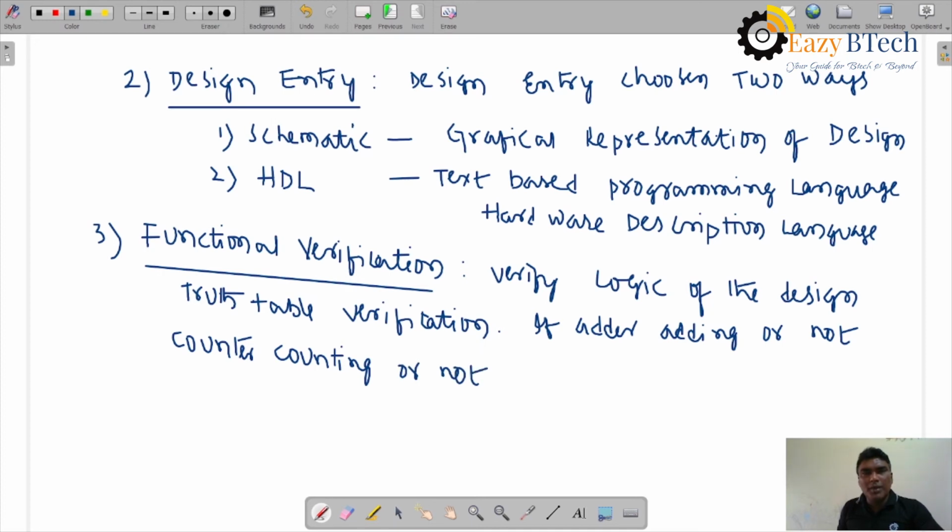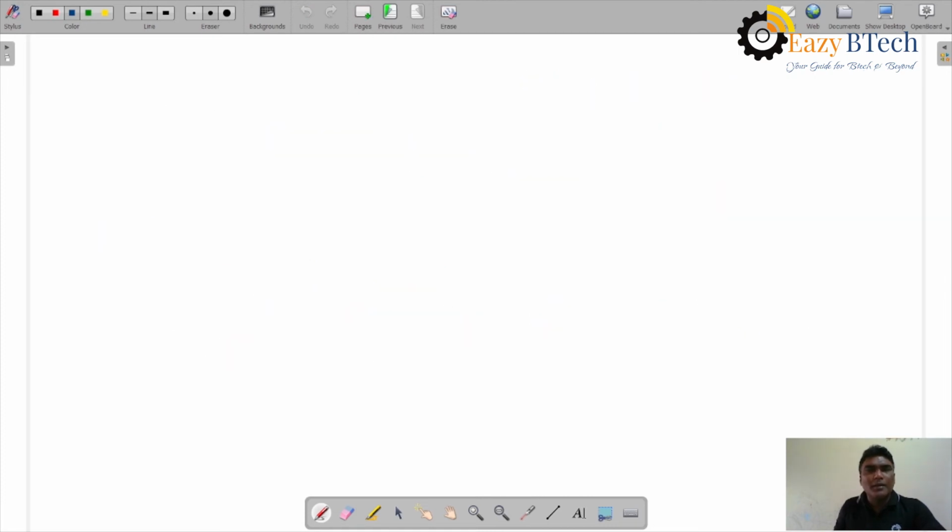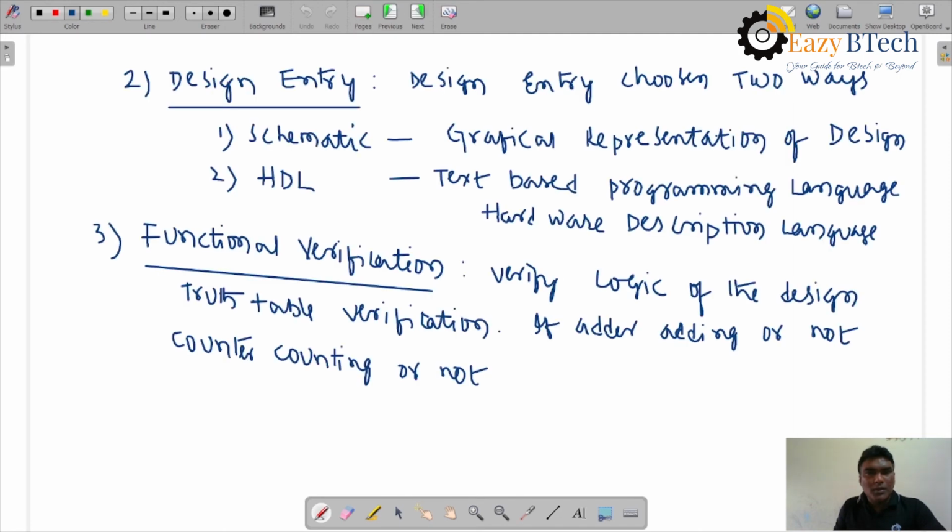This is verified by functional verification. The functionality and logic of the design is verified, like a truth table verification: adder adding or not, counter counting or not. What is the next one? It is the third one, right?